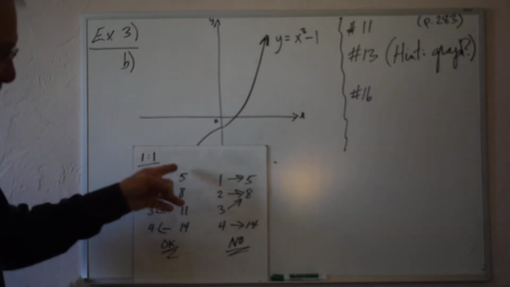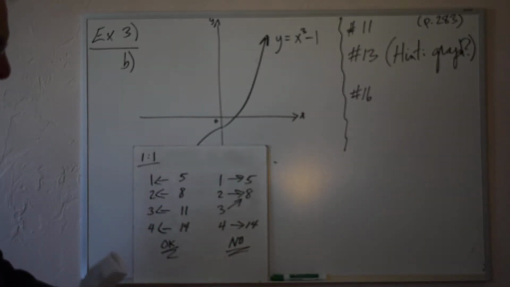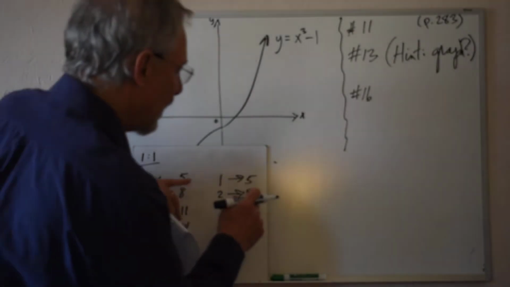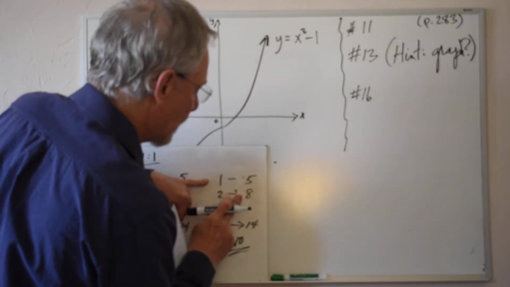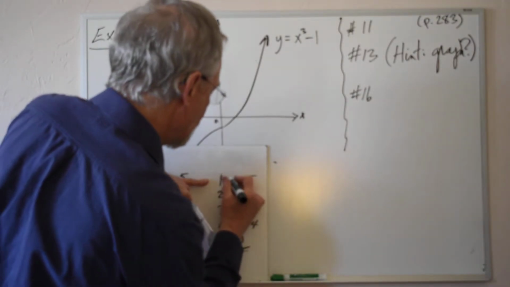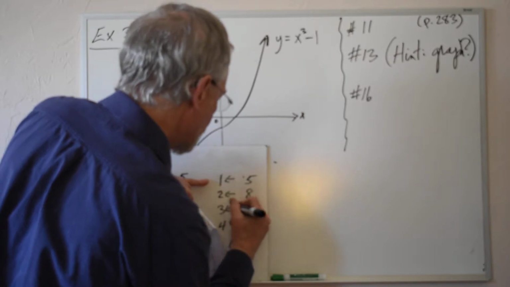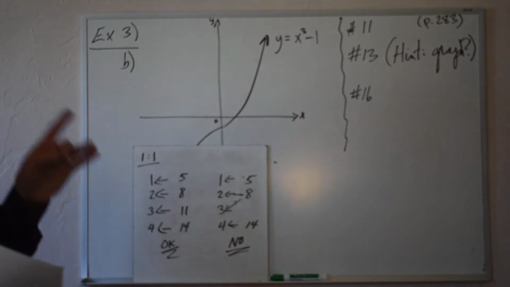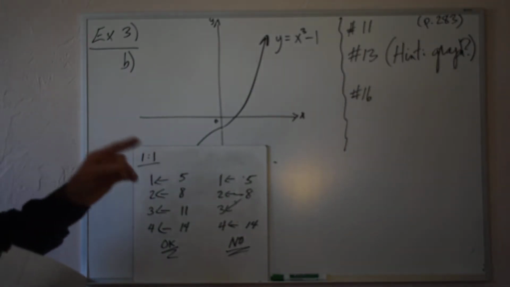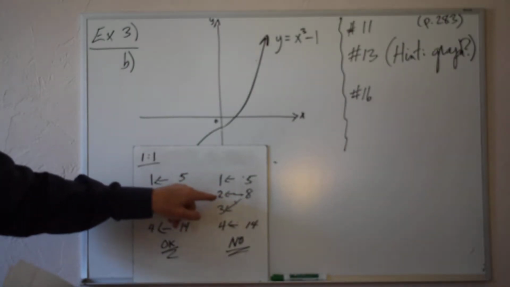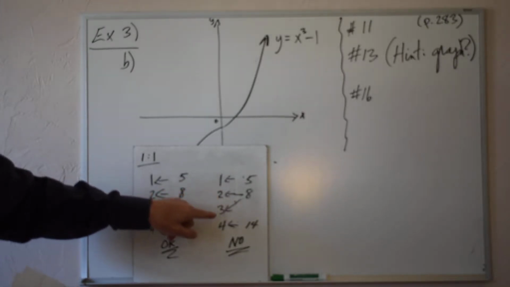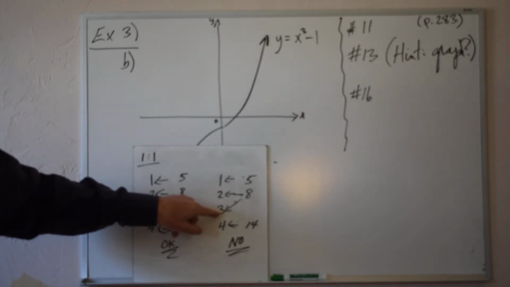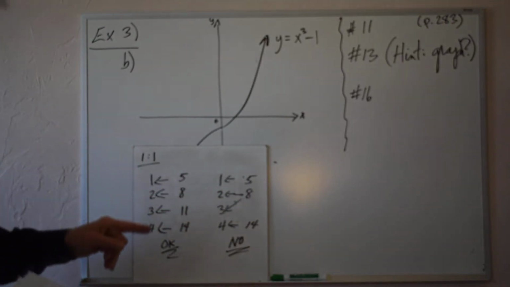Right? No problems. These correspondences are all legal. It's a function. If you reverse all these arrows, what do you have? You have a problem. 8 corresponds to this output value and also corresponds to this output value. So this relation is not a function.